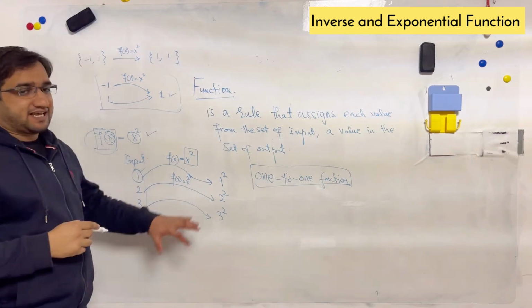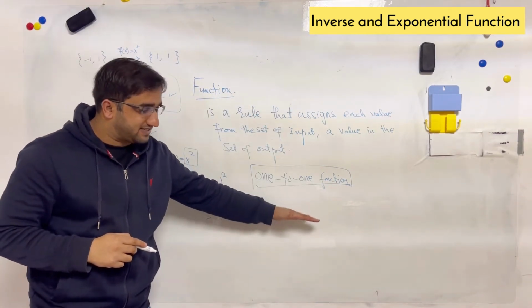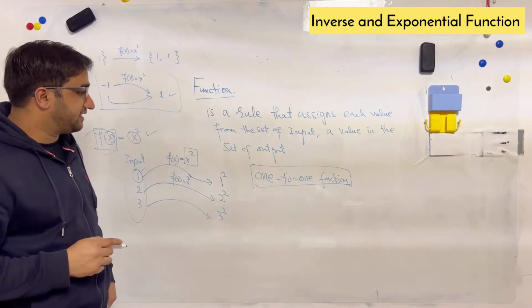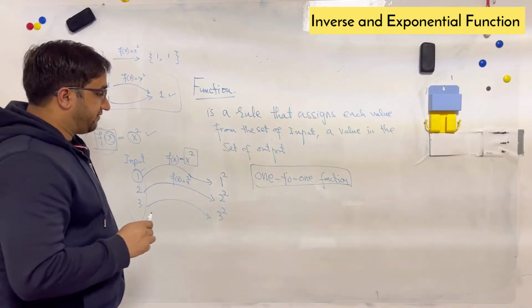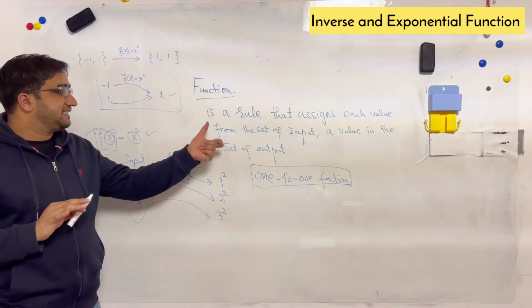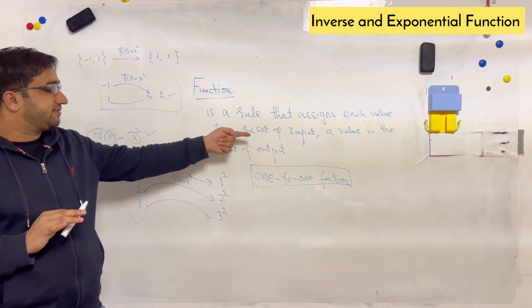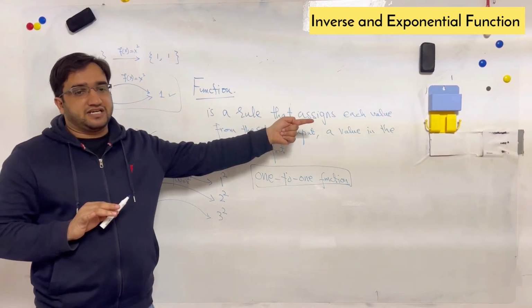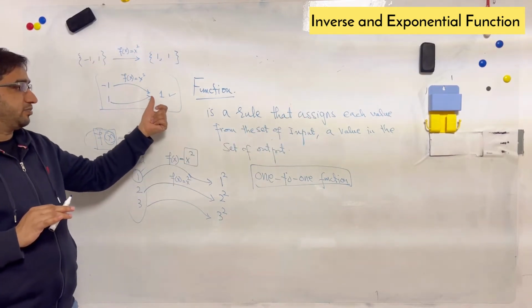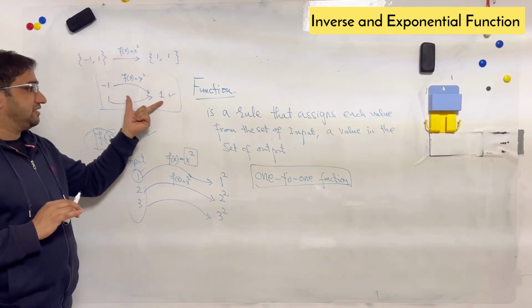So more precisely, the definition of function, we have now extended the version of the function to one-to-one function, and the one-to-one says that it is a rule that assigns each value from the set of input a unique value in the set of output, and it will never take the same value.